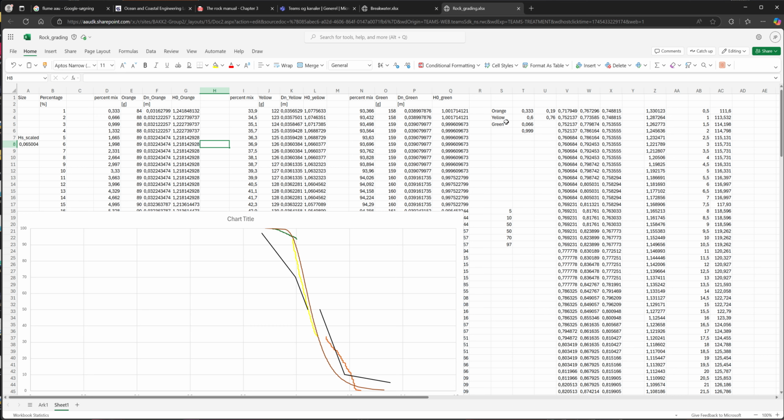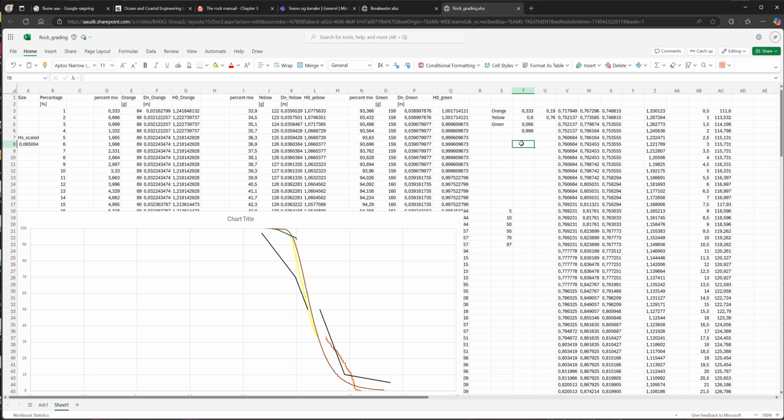Then the mixing is already starting. So we have some orange, some yellow, and some green, and we want to mix them so that they are a good mix and a somewhat good fit for that curve. So I put just some example values here: 0.33, 0.6, and 0.066.